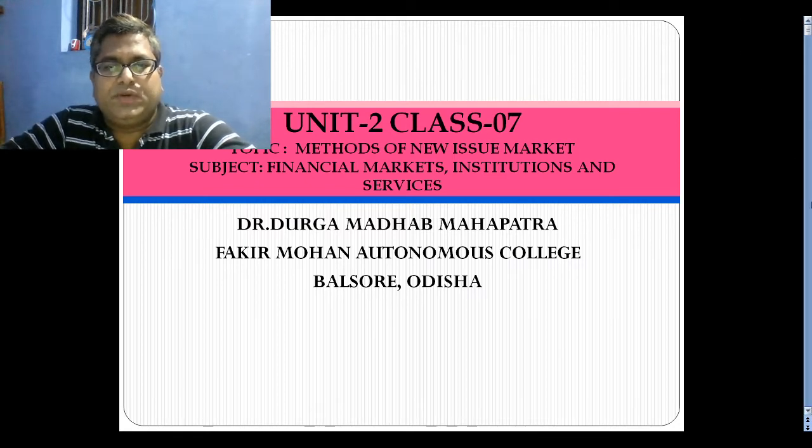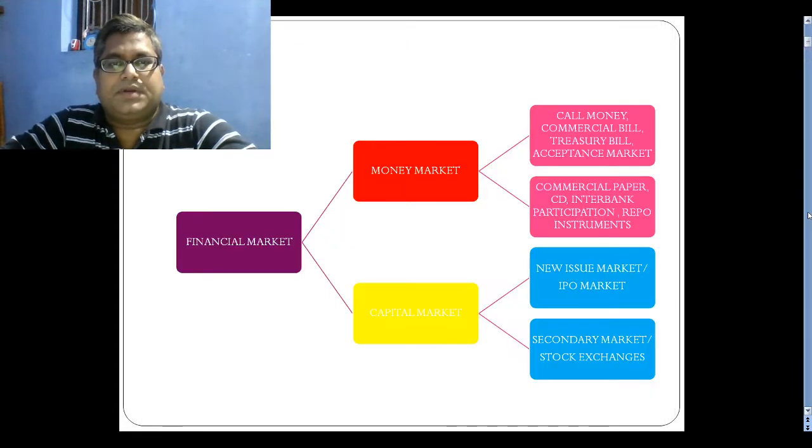This is Unit 2, class number 7, and today's topic is a discussion regarding methods of new issue market. My dear students, in previous classes, we have discussed the financial market, which is divided into two parts: one is money market, another is capital market.